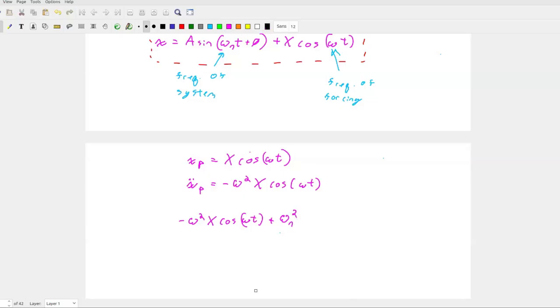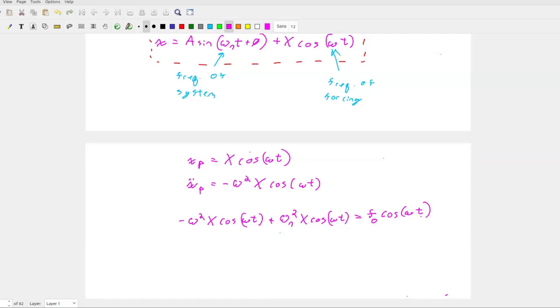This one's n, the first one's just omega. X cosine of omega t is equal to F naught, which is my mass normalized amplitude of my forcing, cosine of omega t.